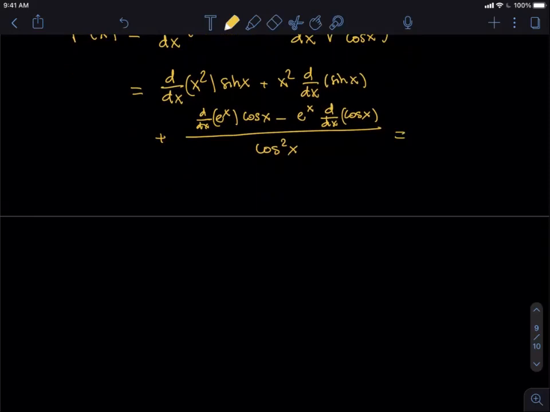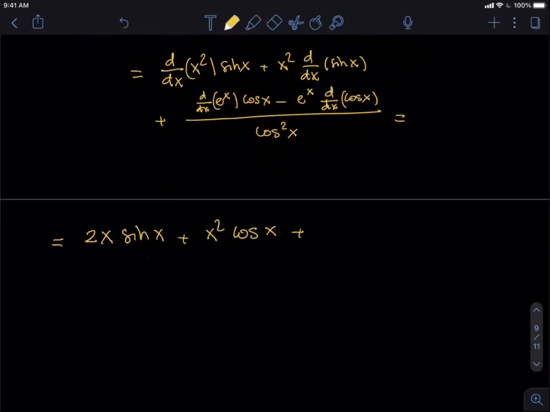All right. So this is going to be 2x sine of x plus x squared, the derivative of the sine is the cosine of x, plus the fraction with cosine squared of x in the denominator, and then the derivative of the exponential is the exponential itself. Remember, this is true only when the base is e.